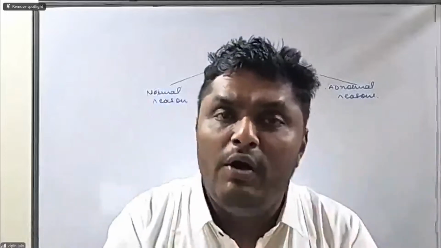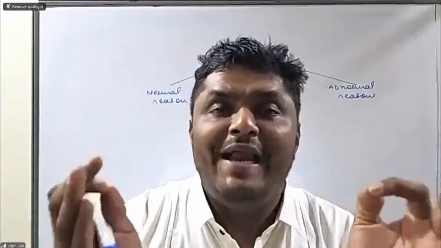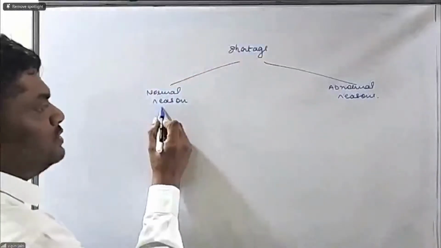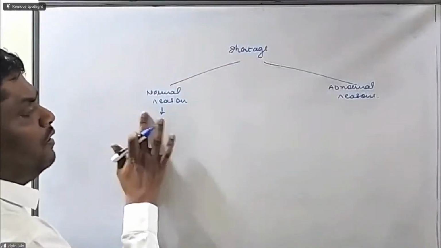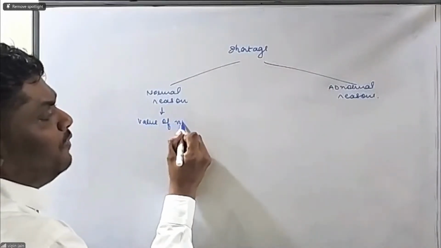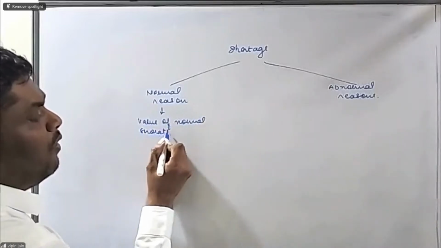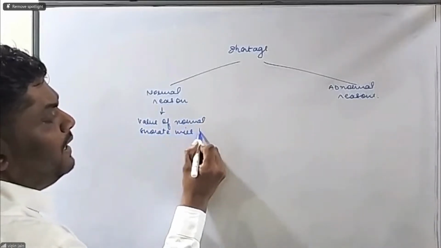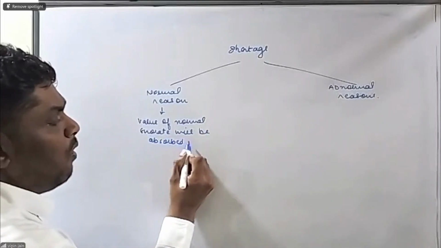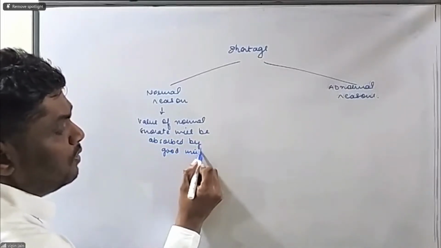So when talking about shortage due to normal reason, then the value will be absorbed by good units. So in this case, value of normal shortage will be absorbed by good units.